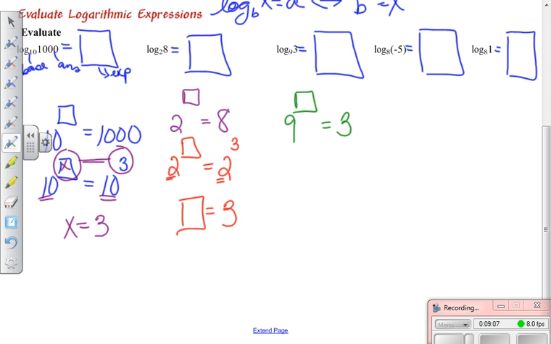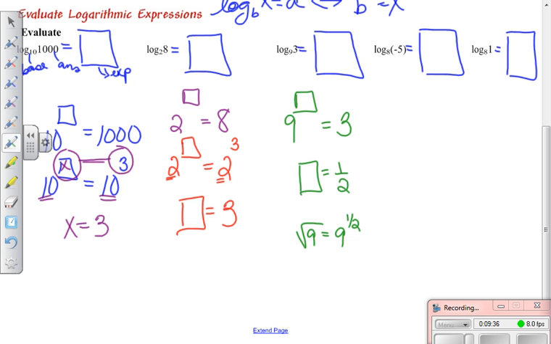Well, if I think about the fact it has to get smaller, it's probably a fraction, and if I use my common sense, I know that the square root of 9 is 3, so that means my missing exponent is 1/2, because the square root of 9 is the same as 9 to the 1/2 power.